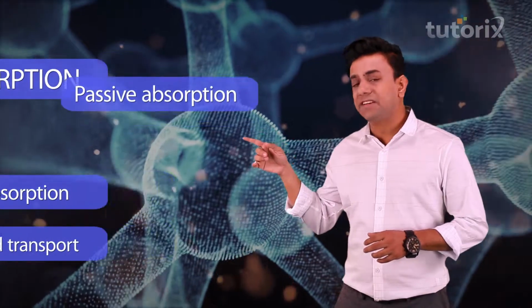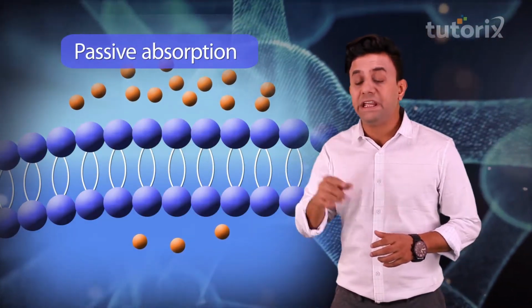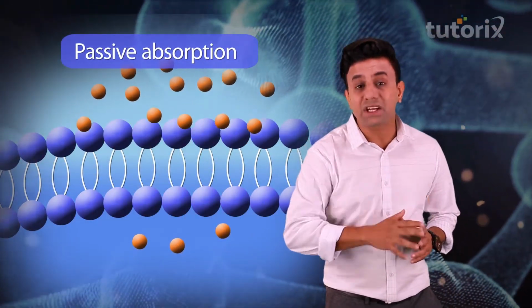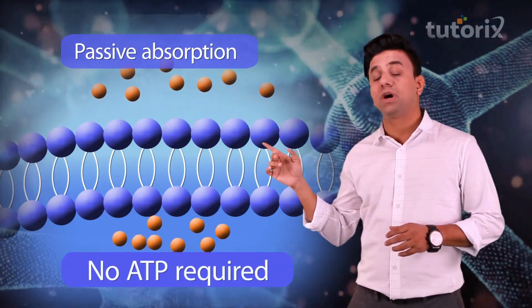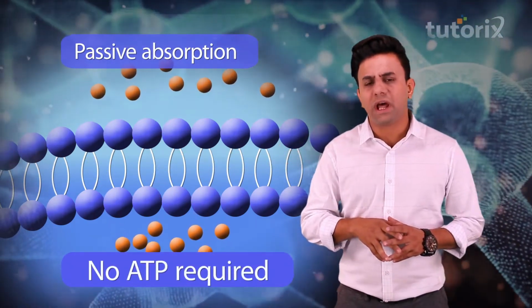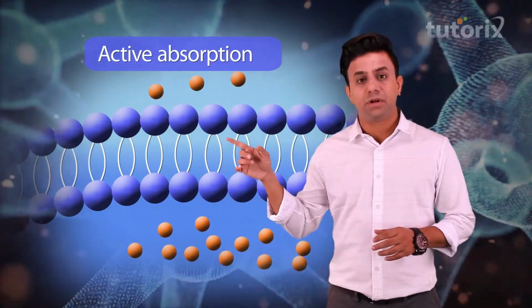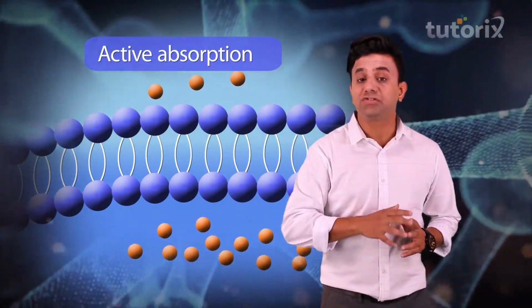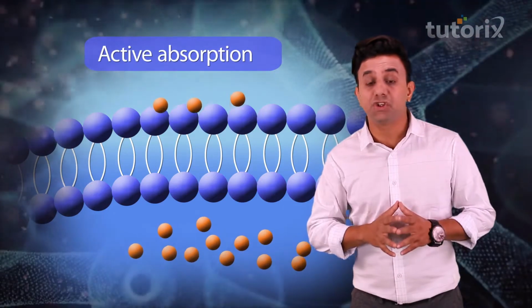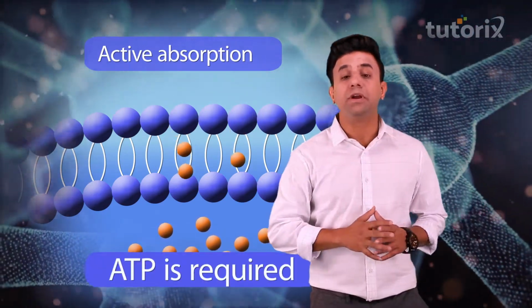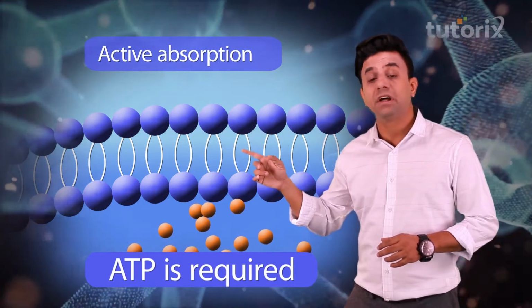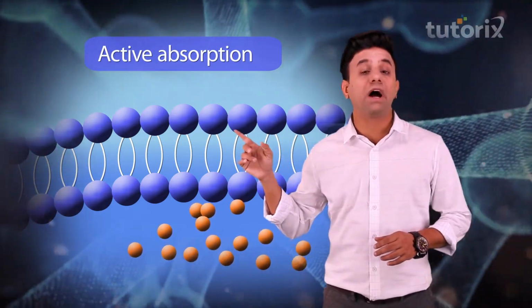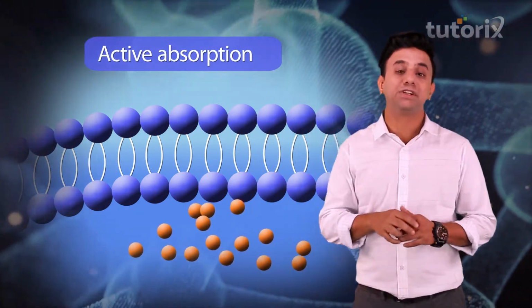Well, when I say passive transport, I mean that there will be no active energy, that is no ATP required for this transport. When I say active transport, I mean to say that there will be active energy, that is ATP will be required for this transport, and hence this is that process which requires expenditure of energy.